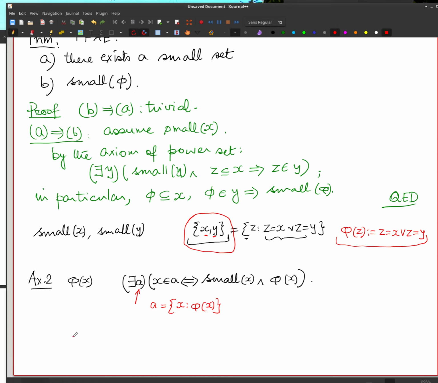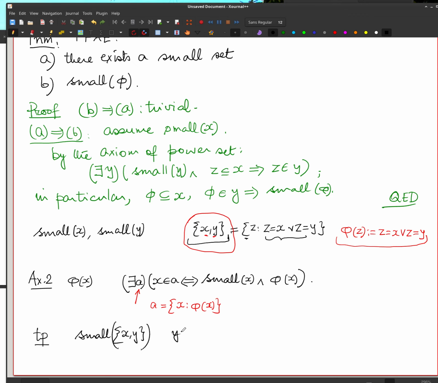The problem is, to prove that this is small, what do you need to show?